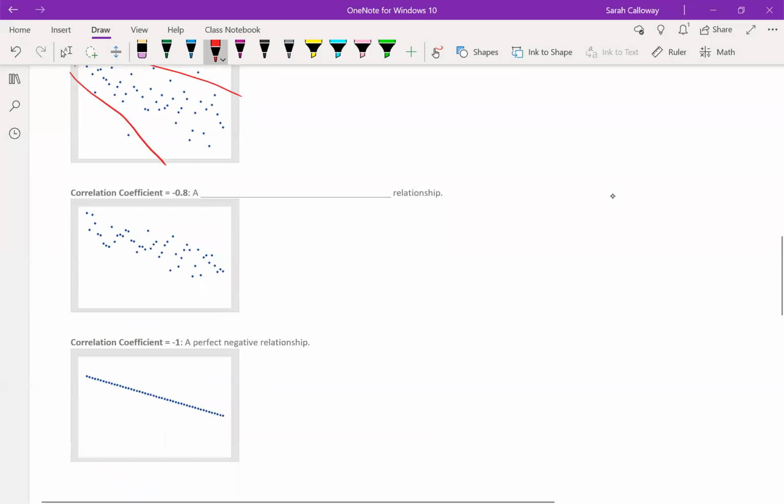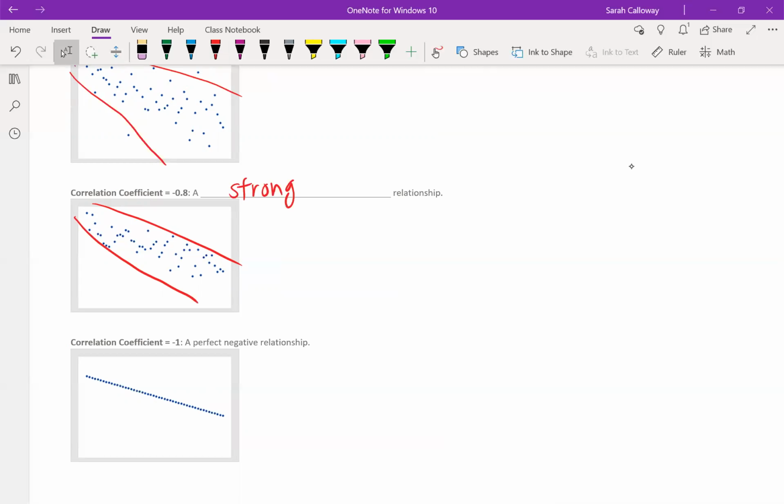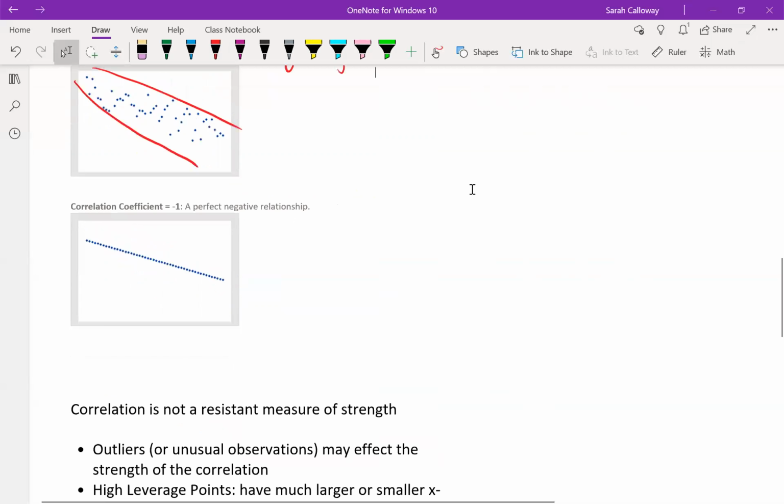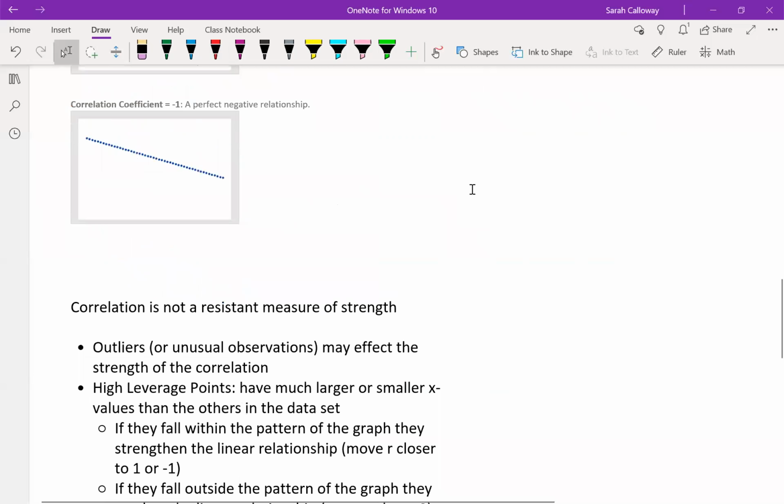If I have a correlation coefficient of -0.8, that is closer to -1, so that means it's becoming strong. Since it's negative, that gives it a negative relationship. And then finally, they give us a -1 correlation coefficient, so we can see what a perfect negative relationship looks like.